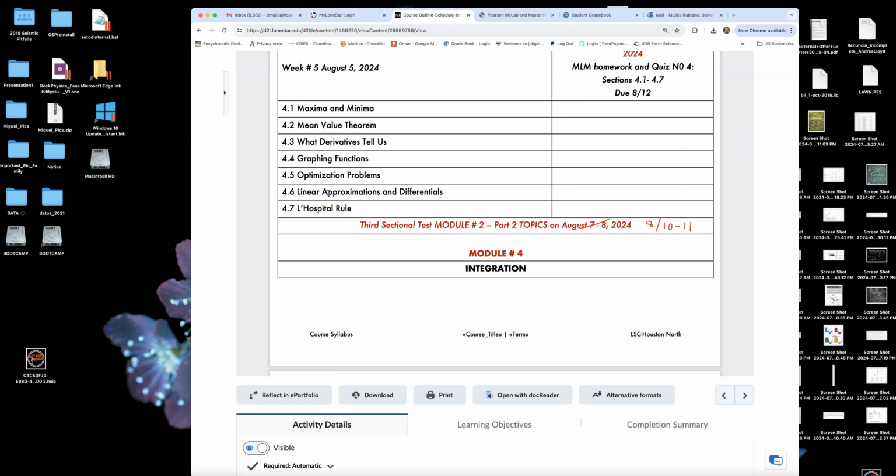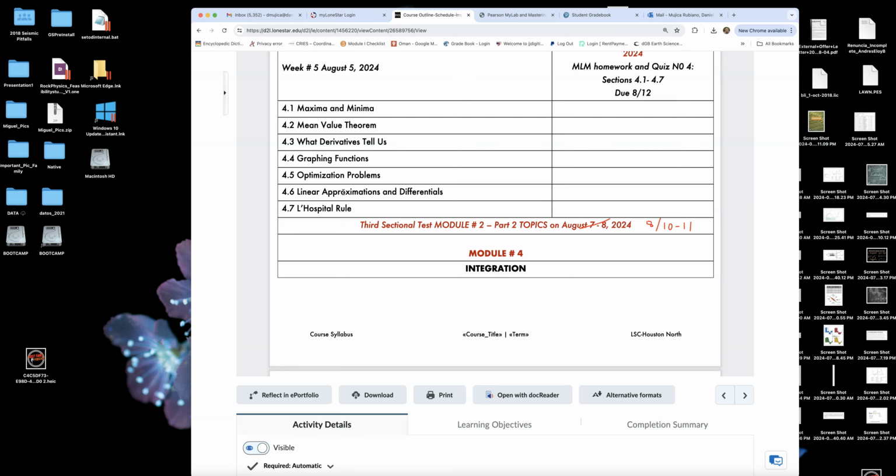As usual, I split the module into parts. The first part is going to run normally 3 days, probably until this coming Wednesday, and I'm going to talk about sections 4.1, 4.2, and 4.3. Then for the rest of the week, we're going to go with section 4.4 all the way down to section 4.7.